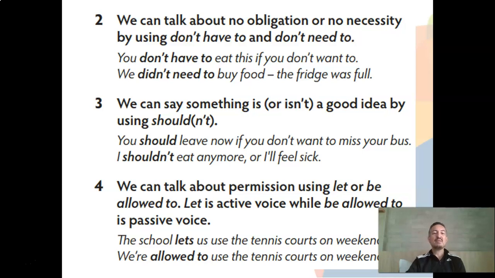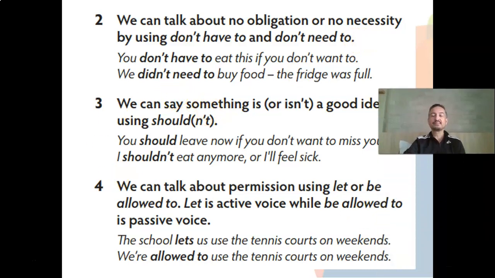And number 4, we can talk about permission. Another way to talk about permission is to use let or be allowed to. Here, let is active voice, while be allowed to is passive voice. Take a look. The school lets us use the tennis courts on weekends. So it's a permission.